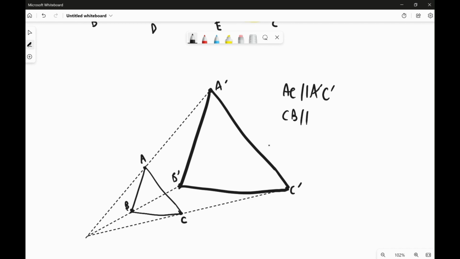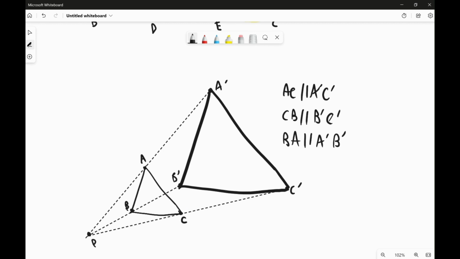CB is parallel to C prime B prime. And BA is parallel to B prime A prime. So these two lengths are parallel, these two lengths are parallel, and these two lengths are parallel. Then AA prime, BB prime, and CC prime intersect at the same point, P.